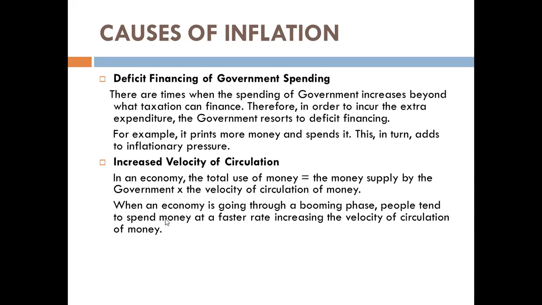When an economy is going through a booming phase, people tend to spend money at a faster rate, increasing the velocity of circulation over time. It means when human beings are ready to invest money in the nation at a faster rate, the velocity of circulation of money increases a lot, because individuals come forward and want to do something for the nation.